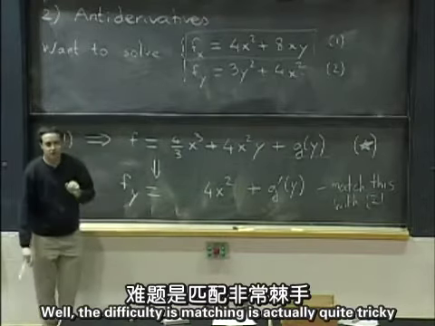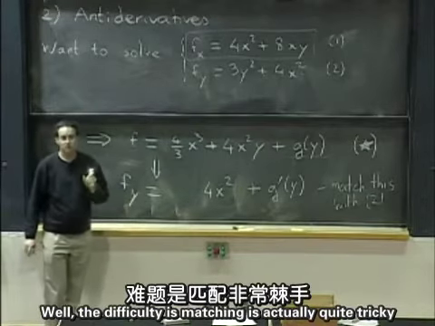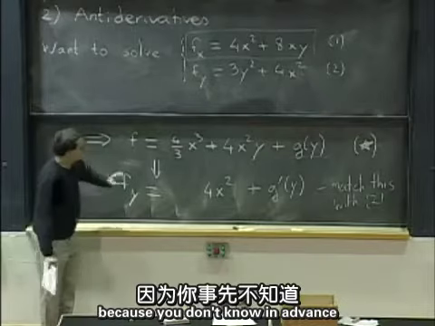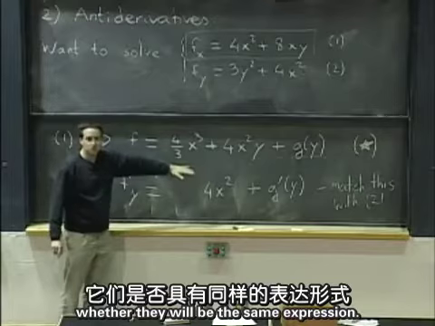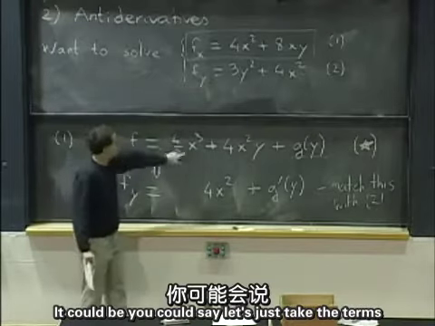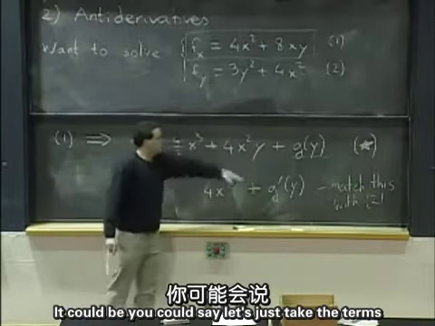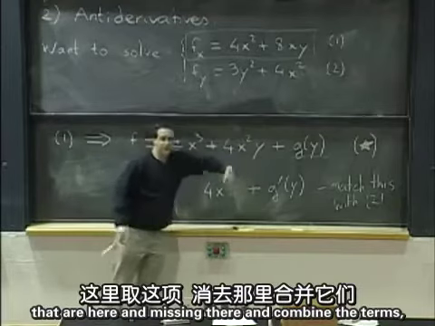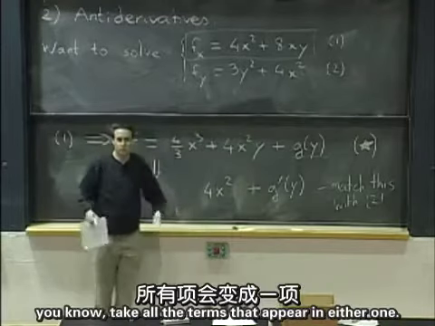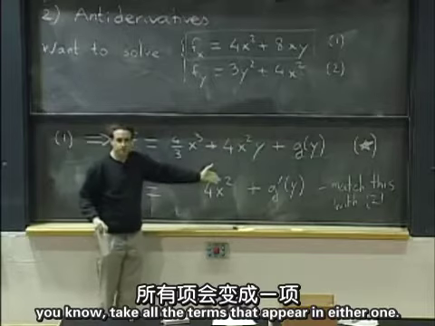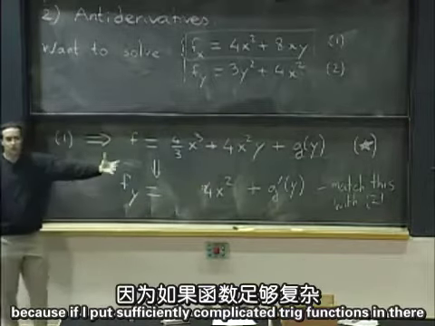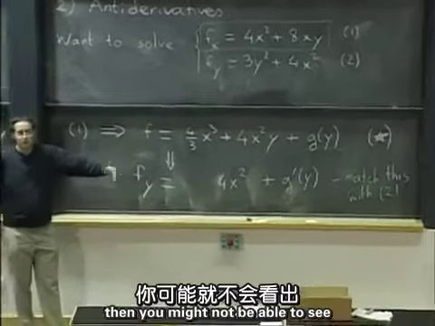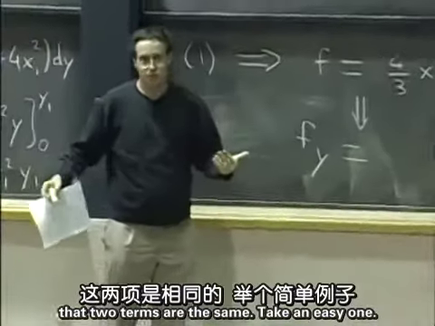Well, the difficulty is that matching is actually quite tricky, because you don't know in advance whether there will be the same expression. You might say, let's take all the terms that appear in either one. That's actually not a good way to do it, because if I put sufficiently complicated trig functions in there, you might not be able to see that two terms are the same.